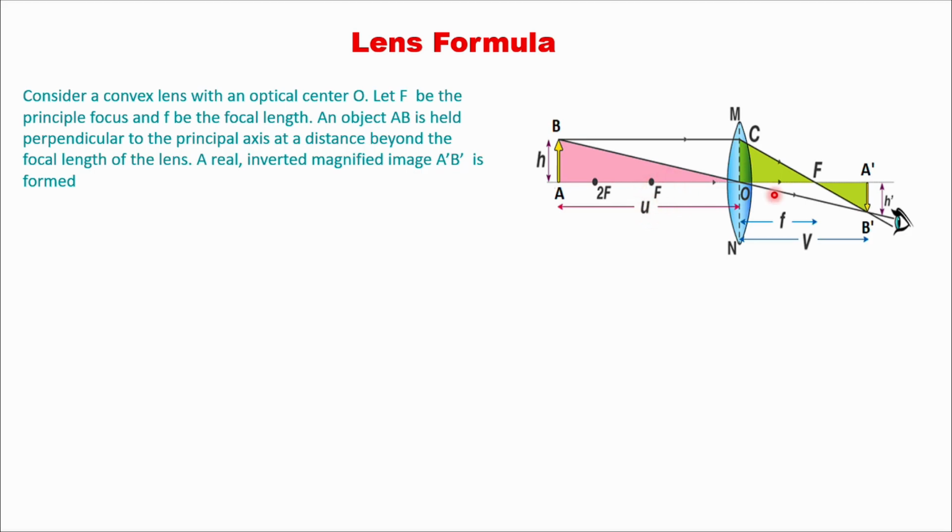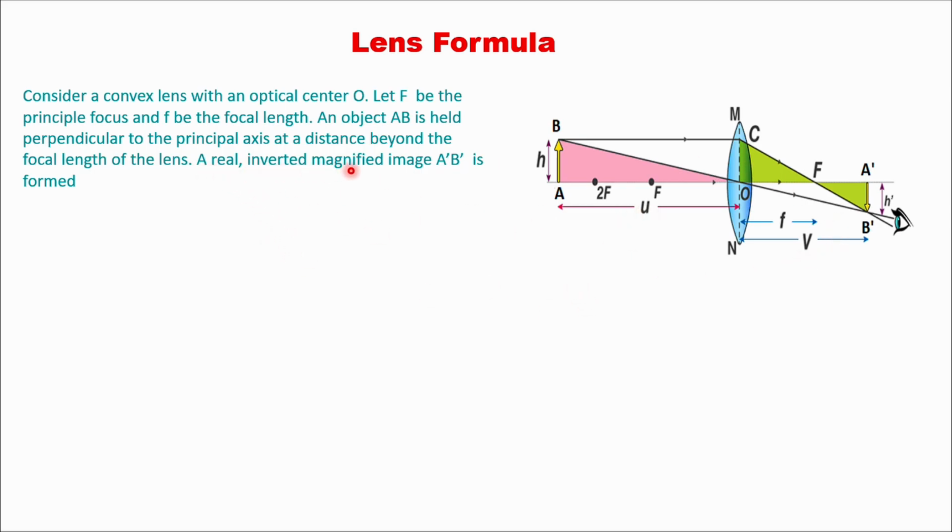Let F be the principal focus, F and F, and small f be the focal length. This is OF on both the sides. An object AB is positioned perpendicular to the principal axis at a distance beyond the focal length of the lens. This is the U. U is the object distance. And what is the nature of the image?